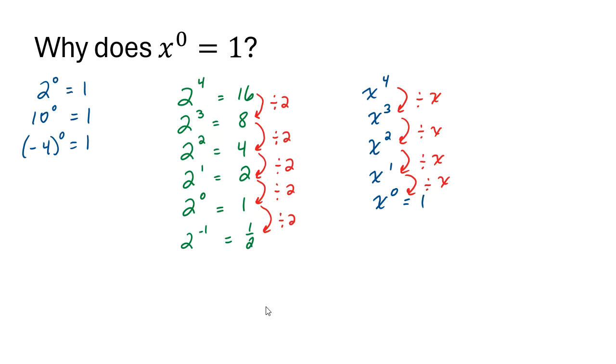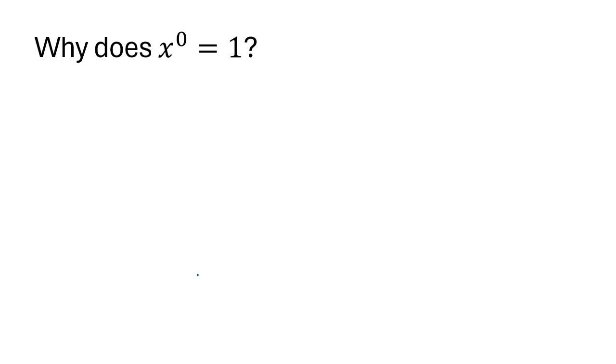All right, let's look at another reason why anything to the 0 power must equal 1. If you've been studying exponents at all, you know we have some properties of exponents. And here's one of those properties. If I have x to a power times that same base to a different power, the result is x to the n plus m.